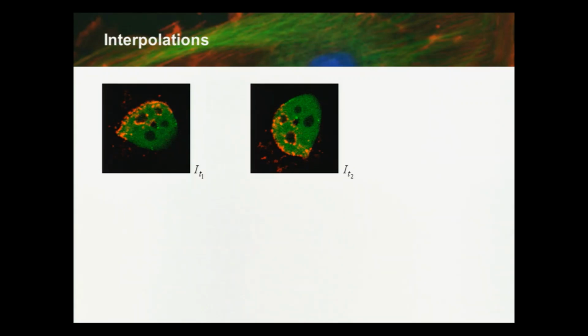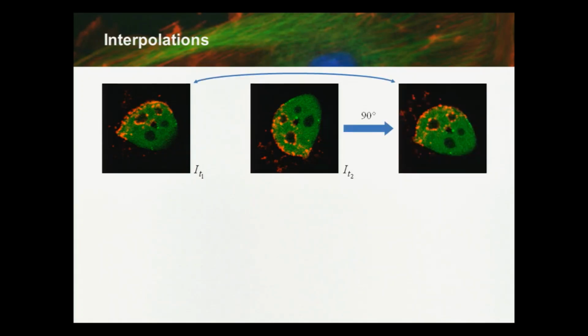And multiples of 90 degrees is a very special case. I don't need interpolation for that. I can just flip my pixels, the pixel grid, and I'm fine. There is no need to interpolate there. Is that clear? Yeah. So I can do a 90-degree rotation simply by, for each pixel here, looking up the corresponding pixel there, and no problem, no interpolation needed.